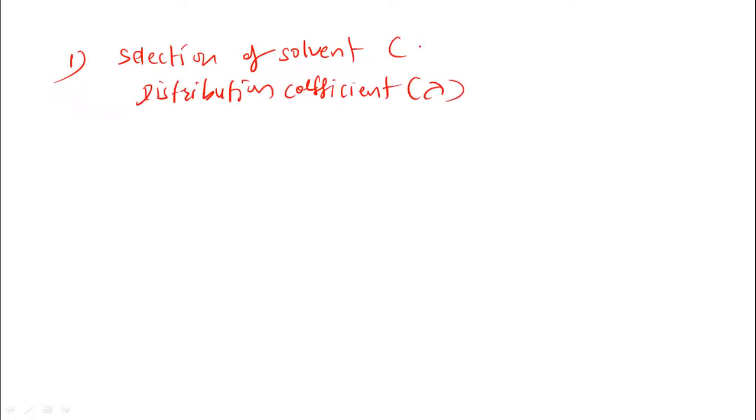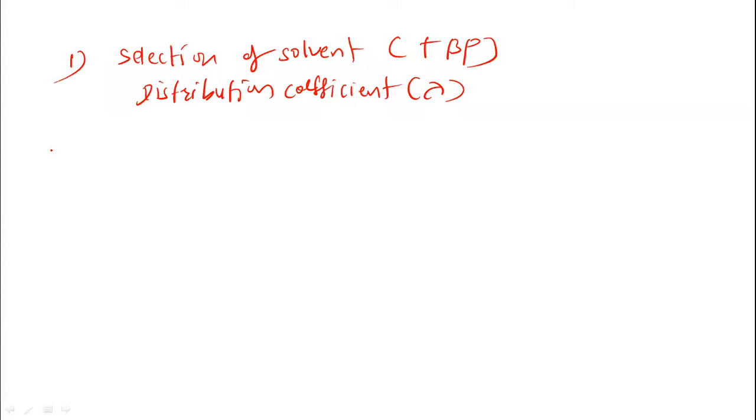Those solvents which give proper separation factor alpha and proper distribution coefficient can be used here. So the solvent which is used here is TBP, tributyl phosphate, in the solvent extraction method.